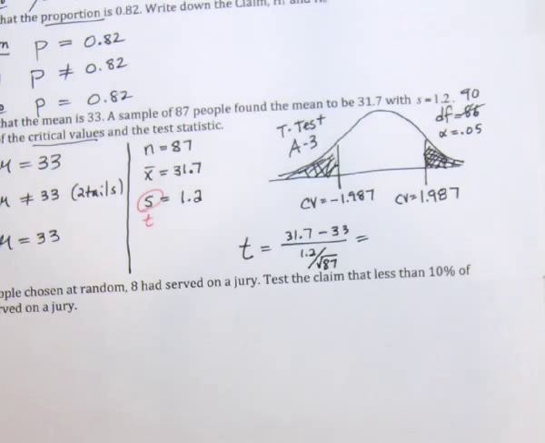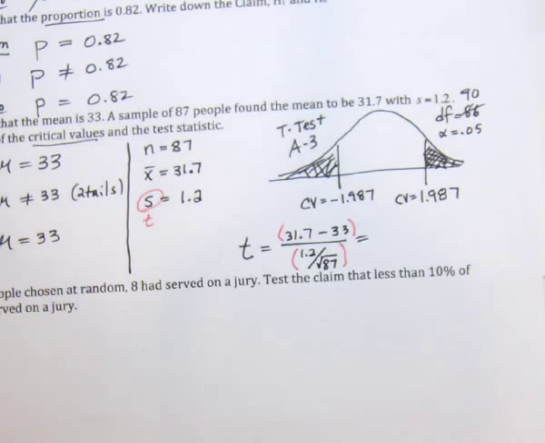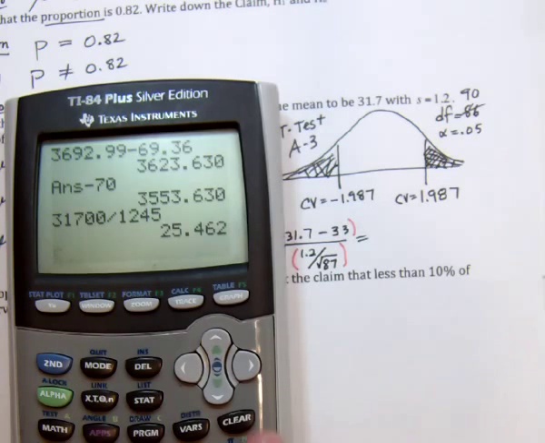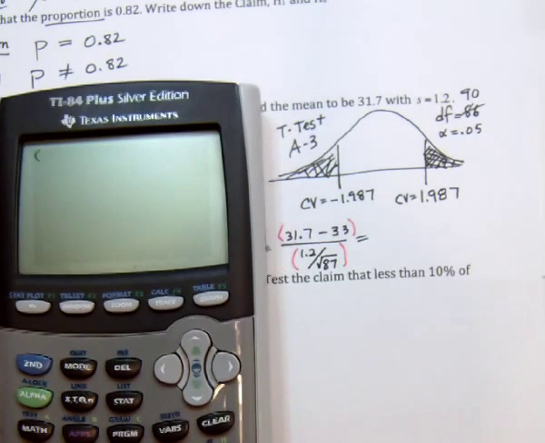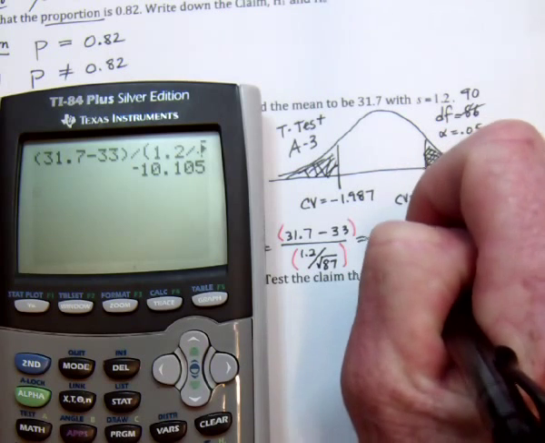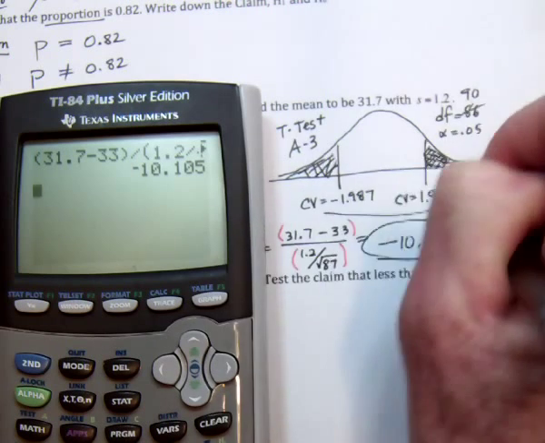As I mentioned before, you need to put this in parentheses and put this in parentheses. Calculator. So we've got parentheses 31.7 minus 33, divided by parentheses 1.2 divided by the square root of 87. So it's equal to a negative 10.105. So I was supposed to get this, and I was supposed to get these.